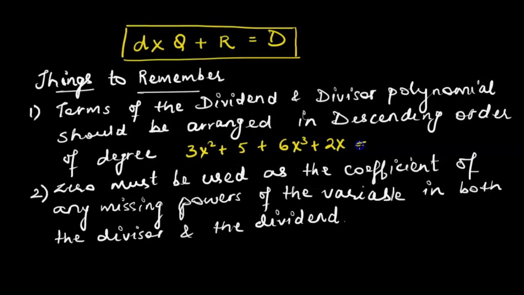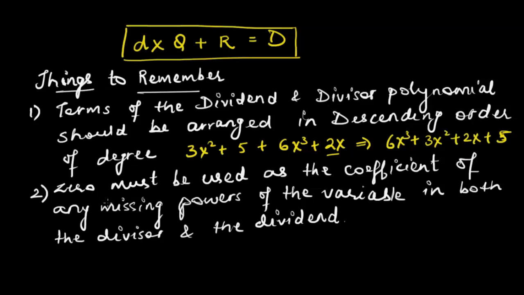So we order it in descending order of the powers. 3 is the greatest power, so we put 6x cubed first. Second we put 3x squared. Next we put 2x. And the last thing we put is 5. So we always have to make sure the polynomial is arranged in the descending order of the powers.